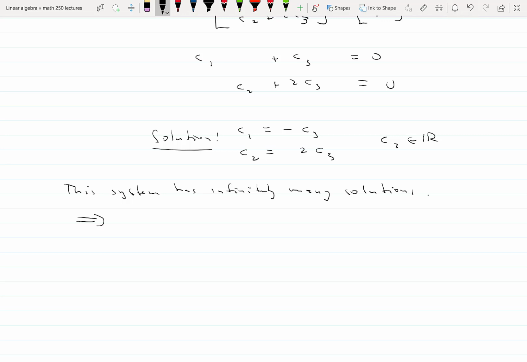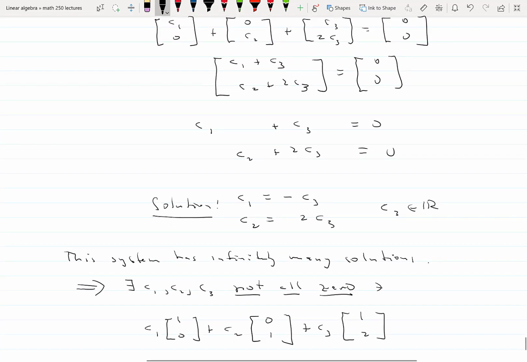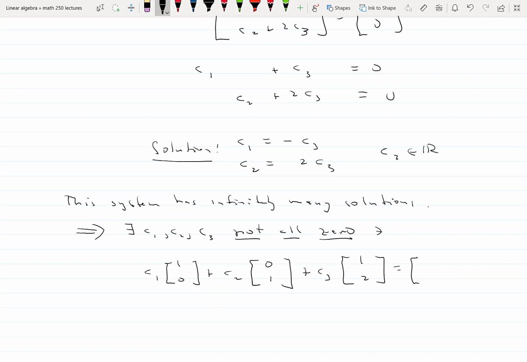Okay, that implies, funny looking arrow, that implies that there exist constants C1, C2, and C3, not all 0, such that C1 times the first one plus C2 times the second one plus C3 times the third one equals 0, 0.